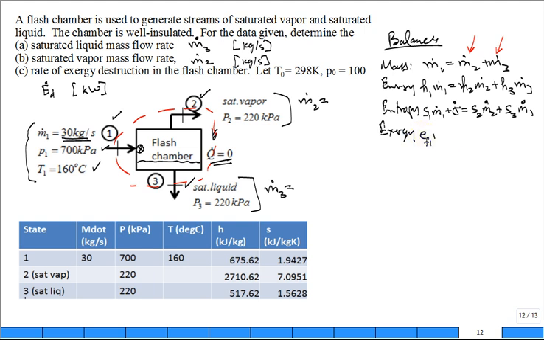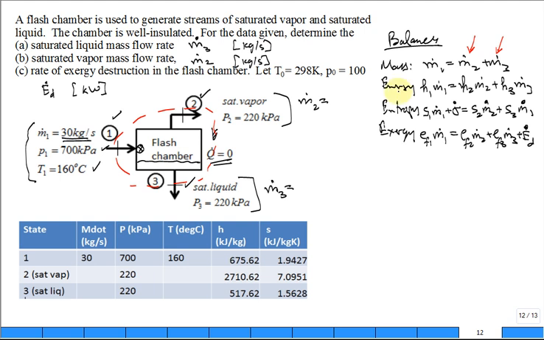EF1 M dot 1 equal to EF2 M dot 2 plus EF3 M dot 3 plus, what is our symbol for exergy destruction? E dot D. Why did I put the destruction over there on the outs? Because it's like a removing. It's removing ability to do your work.